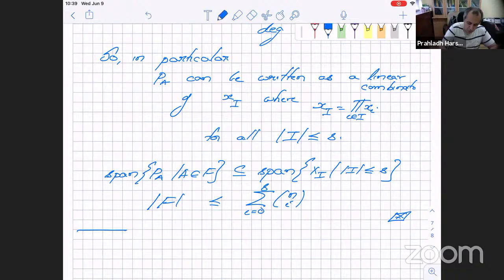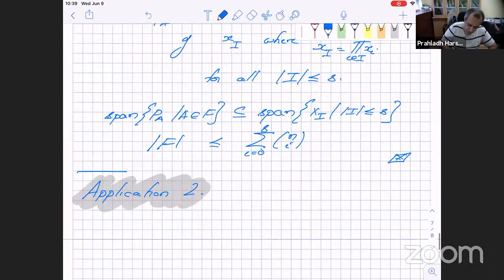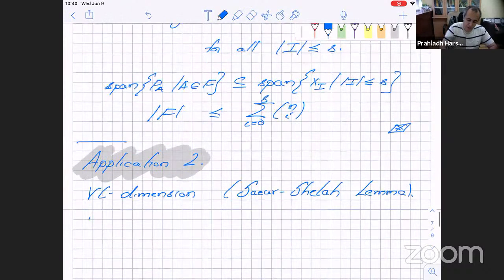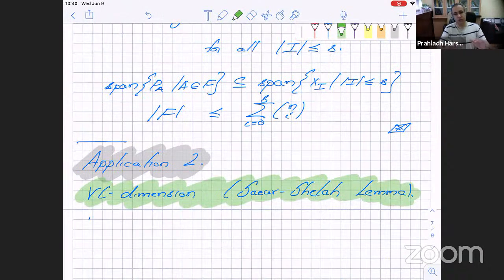Application 2 of the problem which I'm going to be talking about is going towards VC dimension, in particular something called the Harsha lemma. I will need some basic background before I even state the lemma. But any questions on the previous thing so far?